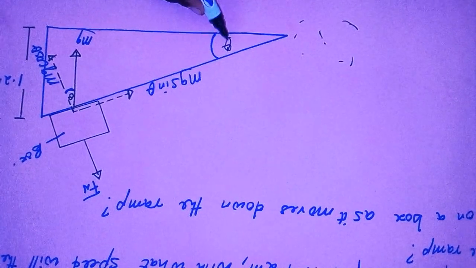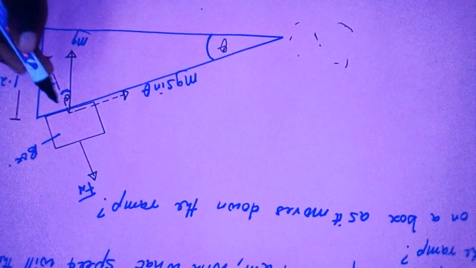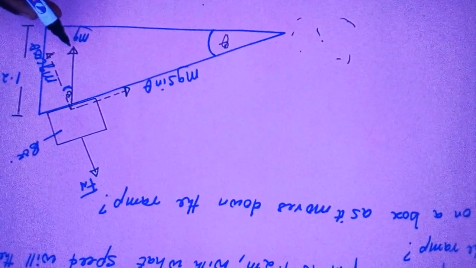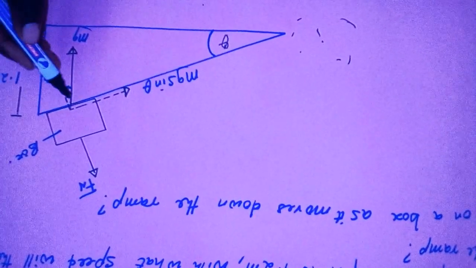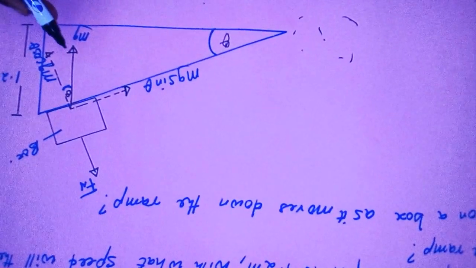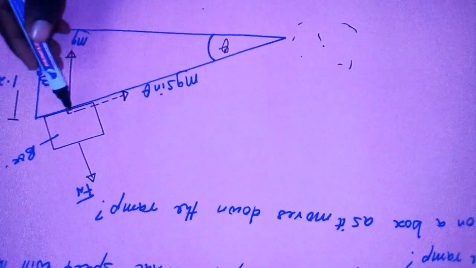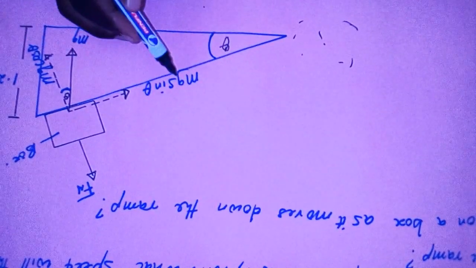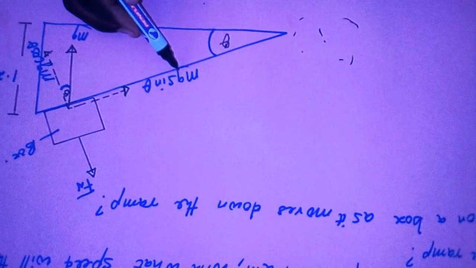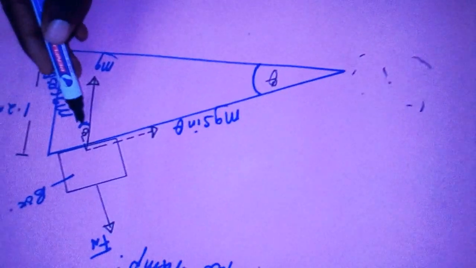So if this is an angle of inclination, we must be able to resolve the weight of this box. This is the weight of the box, and when it is resolved, because this is in 2 dimensions, we have a component of weight in the x, which is mg, mass times gravitational acceleration, times the sine of the angle.